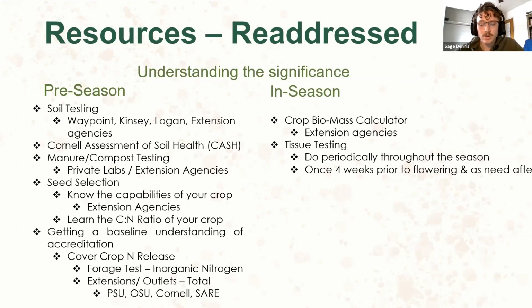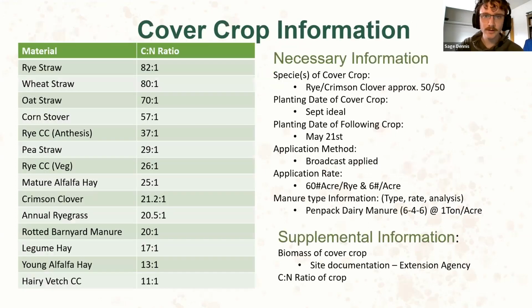And as we get closer to the season, we get our forage tests and we look at our stand and evaluate how large it is and how much we could expect per tonnage weight, or however the information is displayed by our various extensions or resources here. With all of that, we've essentially done the math to calculate an input that we've already applied. We just needed to do the math to see how useful it is. All of that comes together.